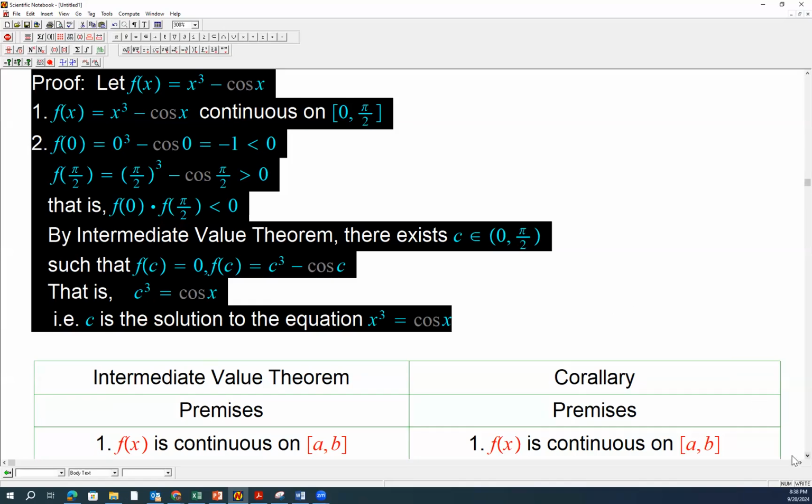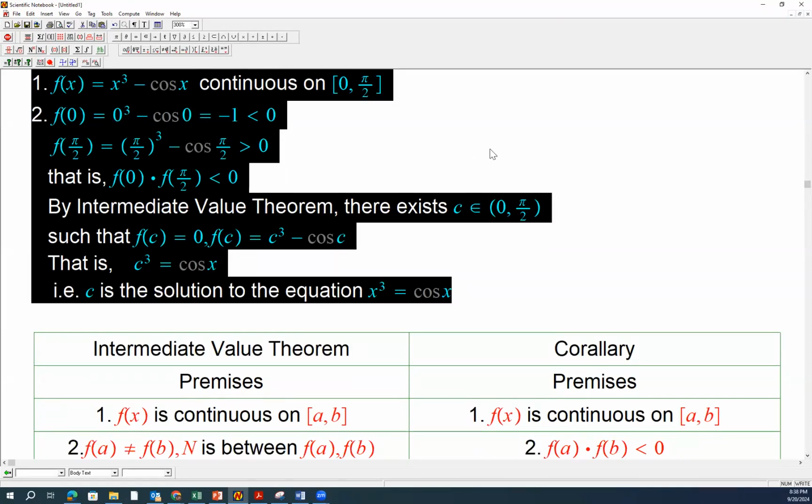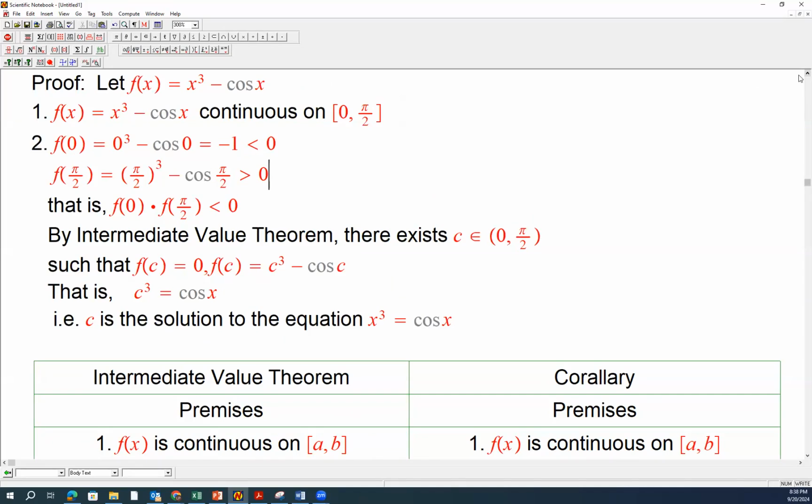And your reader sees clearly you have introduced a function explicitly, and you affirm the continuity of the function on a closed interval, which is required by the application of this intermediate value theorem. And you also demonstrated that all the conditions are satisfied by the intermediate value theorem or its corollary.